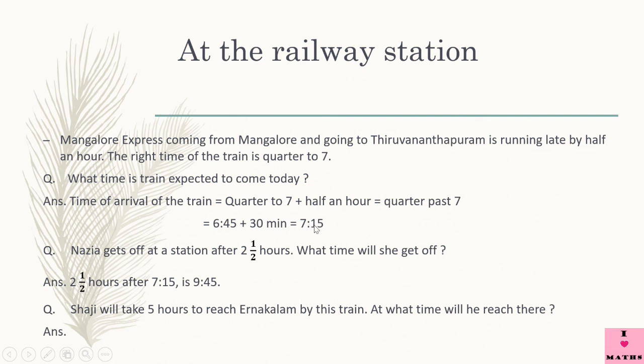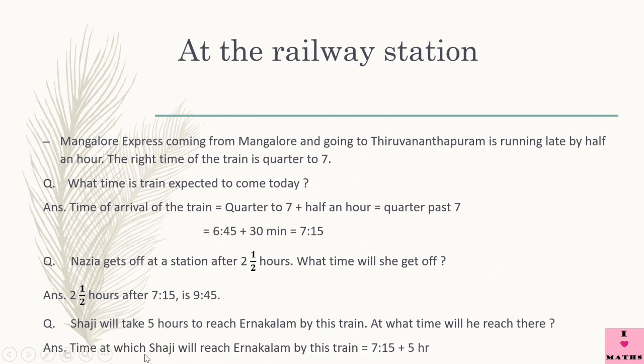From this station, Shaji will take 5 hours to reach. So if we assume that the train started at 7:15, then we have to add 5 hours to that. So let us add 5 hours to 7:15. We will add one by one.